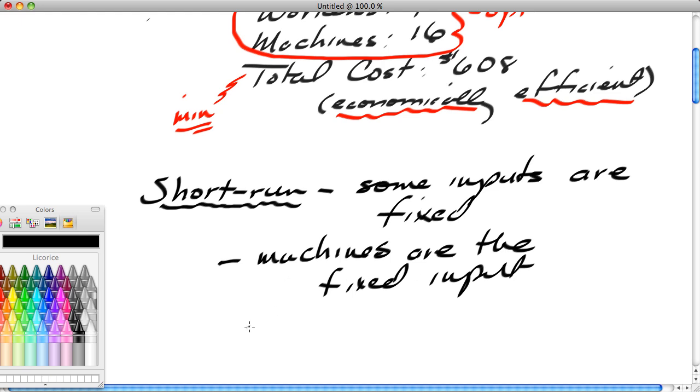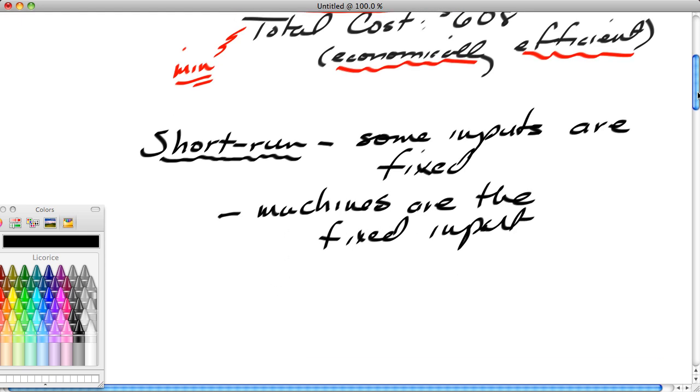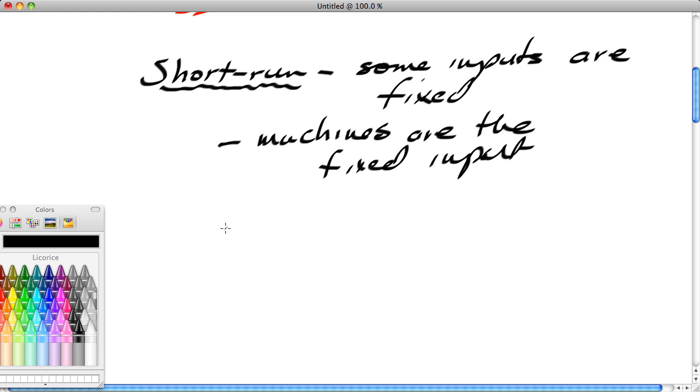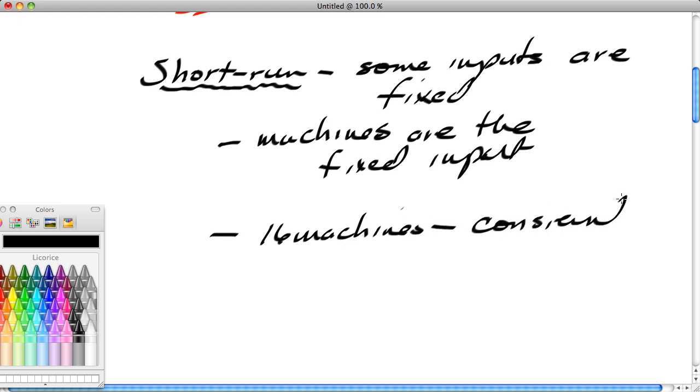Sorry about that, let's get that a little bit cleaned up. And what number of machines will this firm be using? Well, this firm has set the operation up to produce a goal of 40, so this firm will have 16 machines in place, and this is going to be held constant. This will not change throughout the entire short-run analysis.